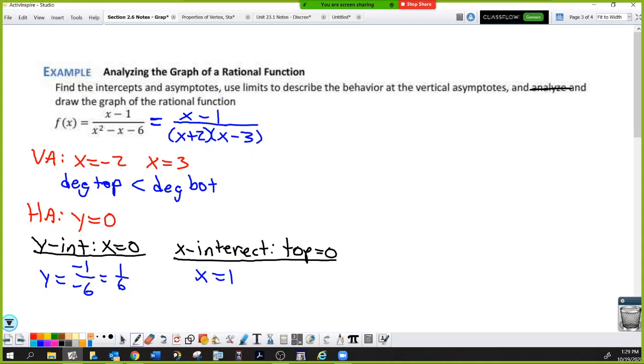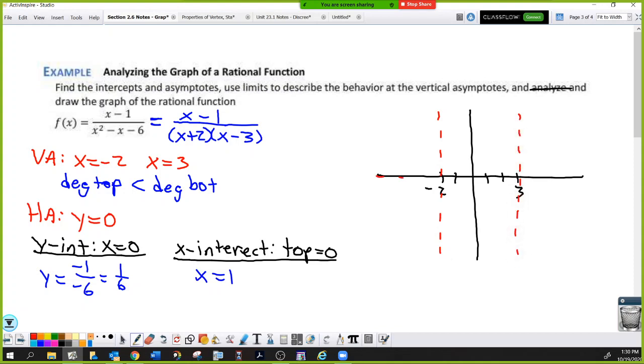I'm going to go ahead and sketch what we know so far. Vertical asymptote at -2. Vertical asymptote at +3. An actual horizontal asymptote at the x-axis. Now, Friday we saw a graph that danced all over its horizontal asymptote in the middle, and that's okay.